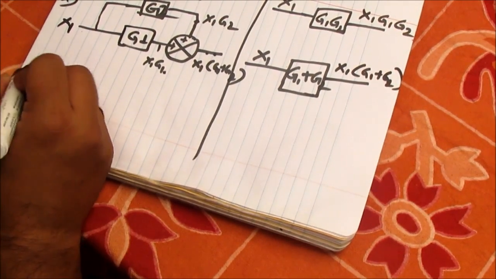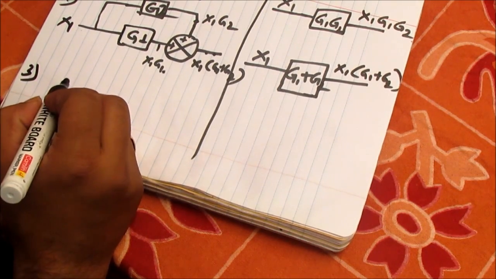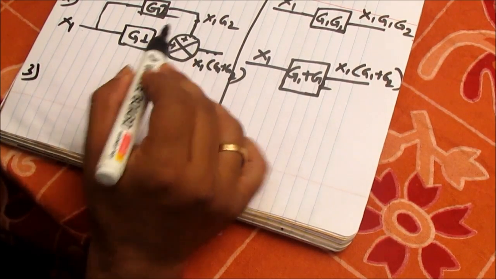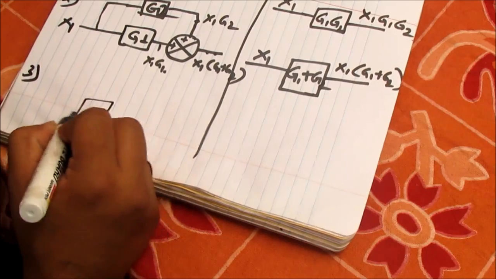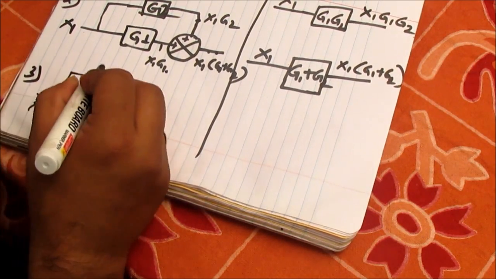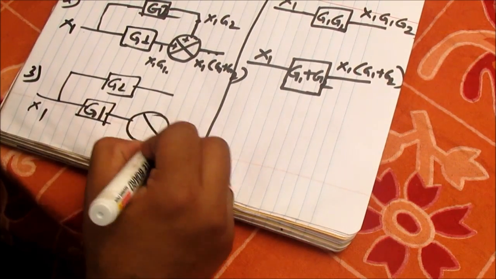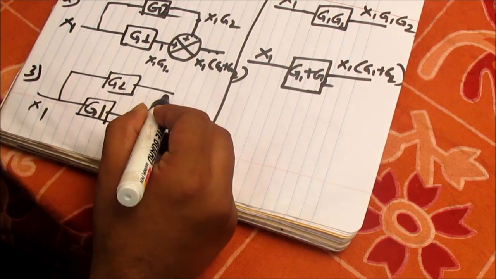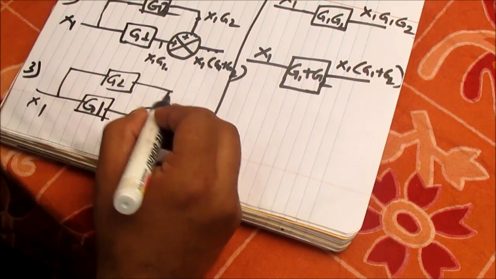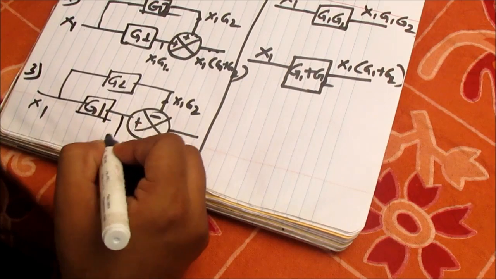Now we will see the third case where the two blocks are in parallel, but here there is a subtraction sign. So see, this one is G1, here it is x1, and here it is G2, and I have here plus sign, I have here minus sign. So the output will be, this point will be x1 G2 and this point will be x1 G1.